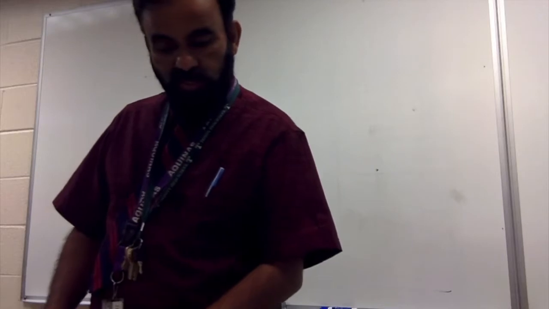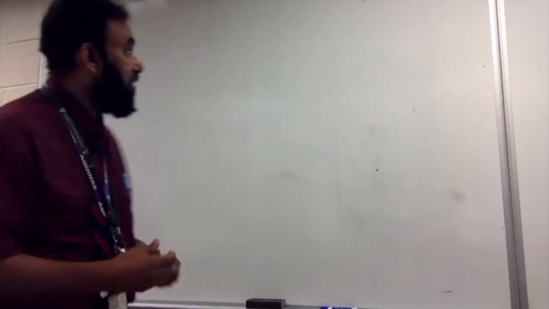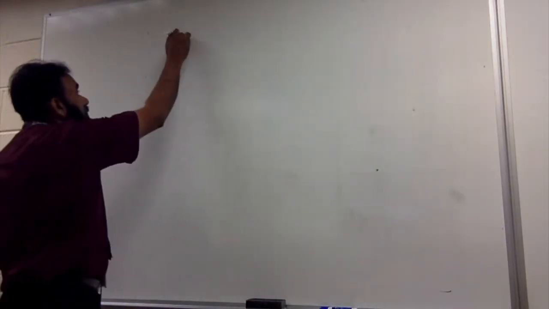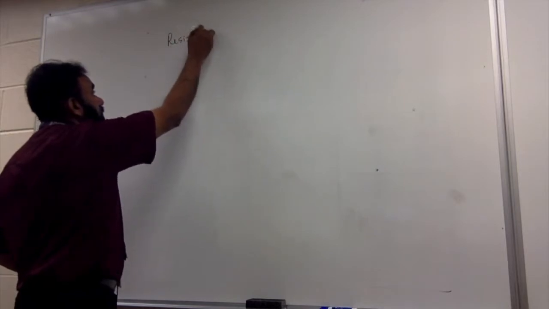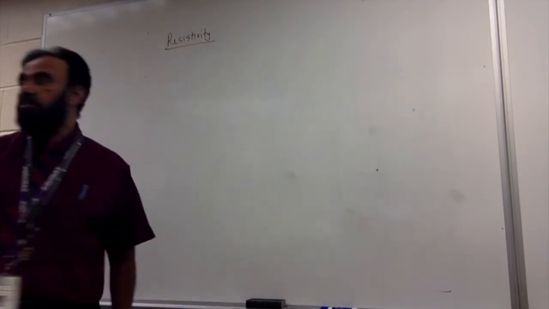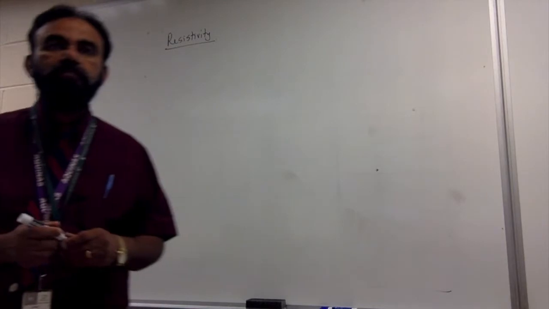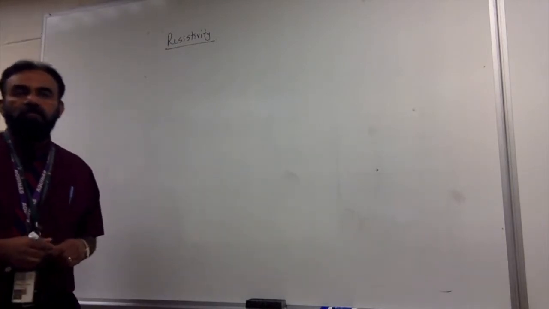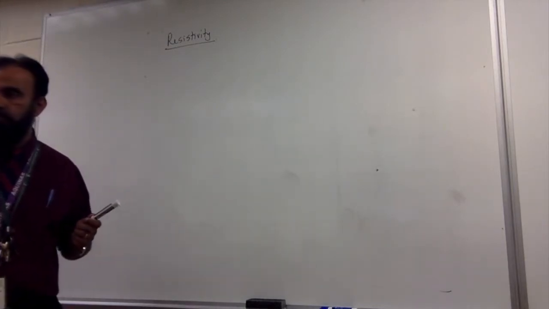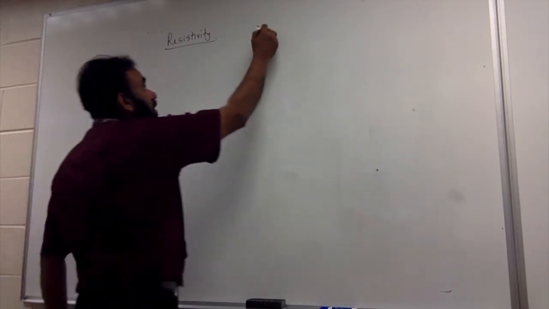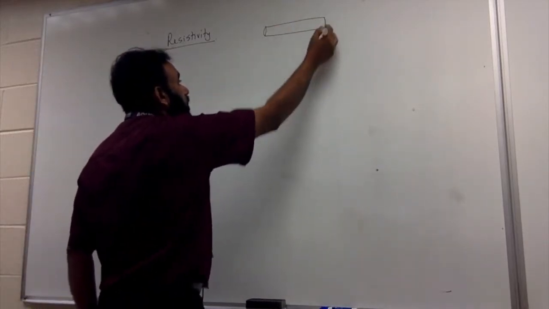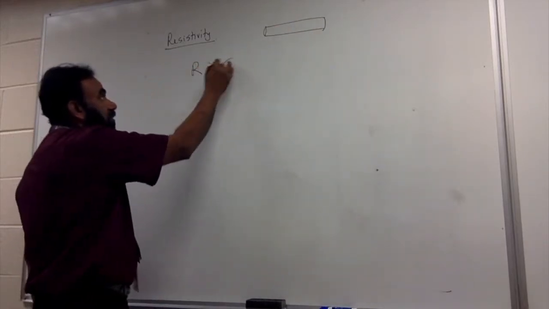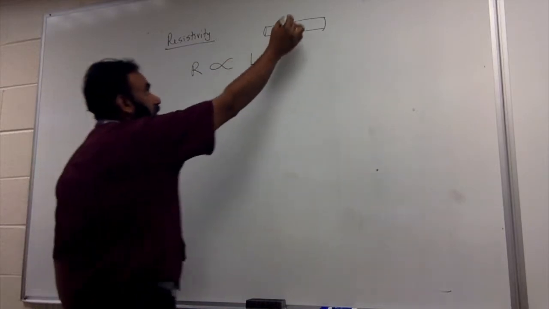The other thing that you have probably done is resistivity. What is resistivity? Have you seen it before? If I'm taking any material, the resistance of that material is directly proportional to the length of the material, correct?